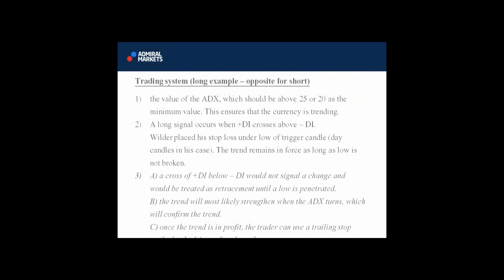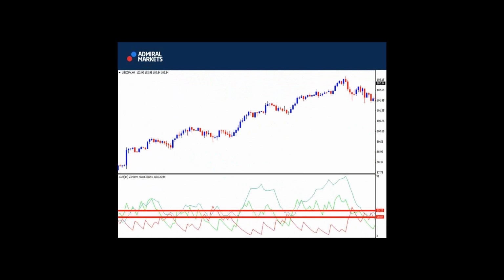That's very important. If he went long when the ADX was above 20 and the cross came, then he would enter, but just because the minus DI would recross, he wouldn't exit. That would just be a retracement. He would wait for the low of that candle to be broken before exiting. So if we go back to this example, we had many retracements here.